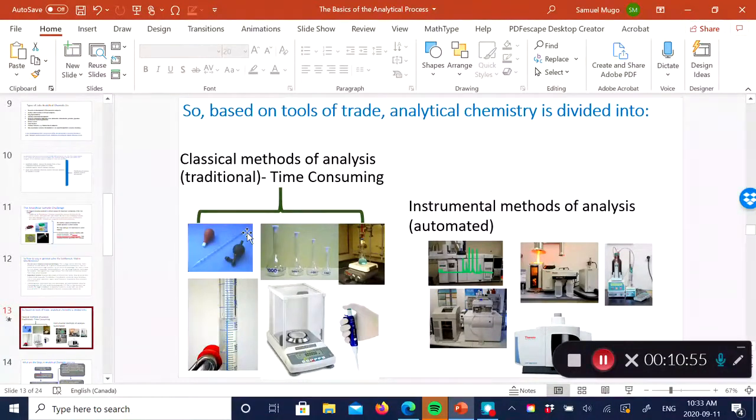Indeed, the classical methods of analysis are often what people use to prepare the sample so that it can be analyzed by the instrument. Maybe you've got some dirt, a soil sample. Instruments cannot take dirt. You need to prepare the sample classically, using gravimetry, volumetric methods, so that you can prepare the sample in a way that the instruments can do the detection.